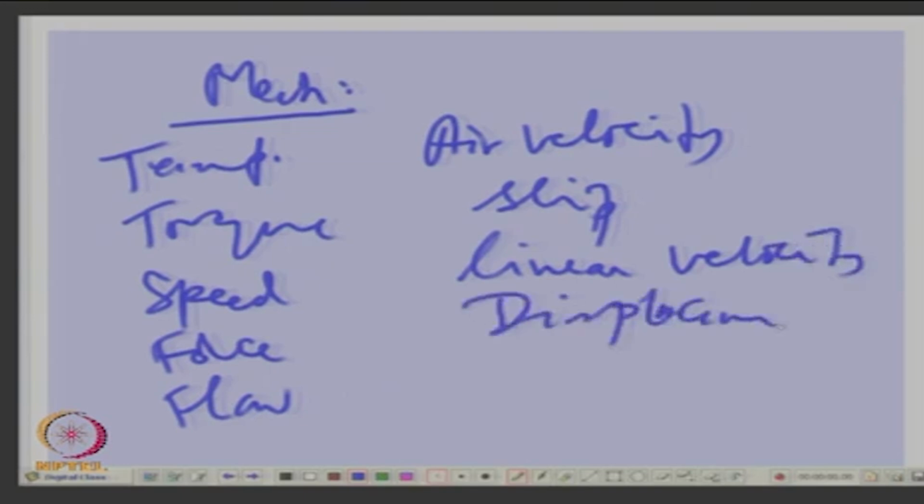Supposing you are working on some robots, you need linear displacements. So there are several such non-electrical quantities to be measured, because it is basically an electromechanical system. So there should be a proper way of measuring these.